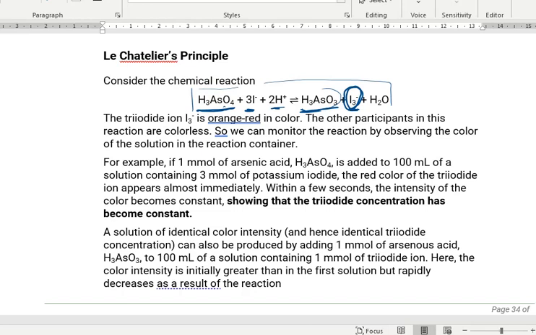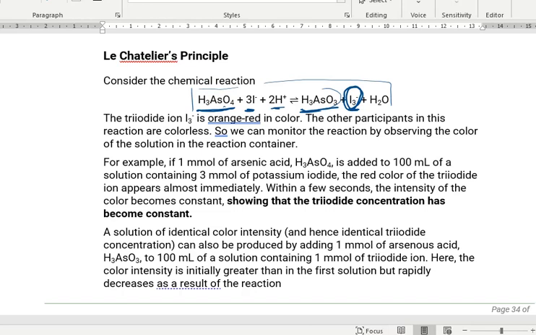Of course, you'll see that your solution is orange-red. Okay? And that orange-red is caused by the triiodide ion. So, we can monitor the reaction by observing just the color, right? The color inside the container.